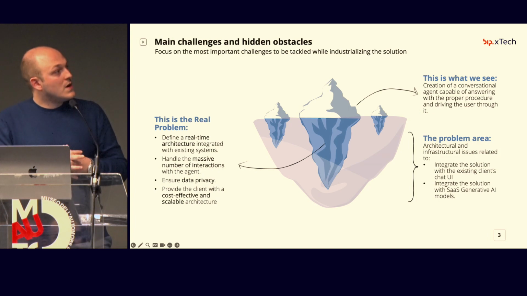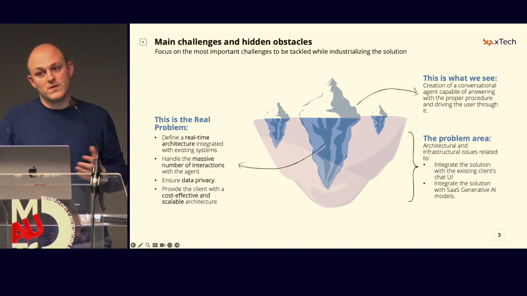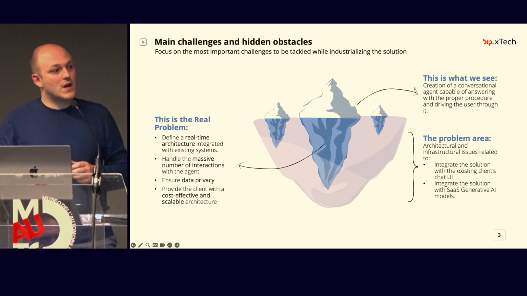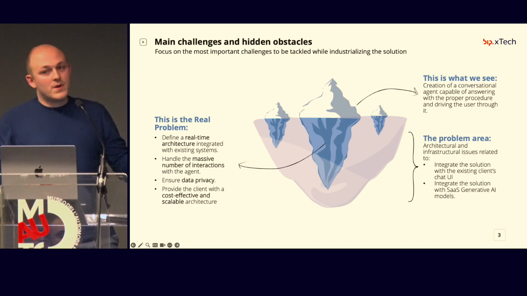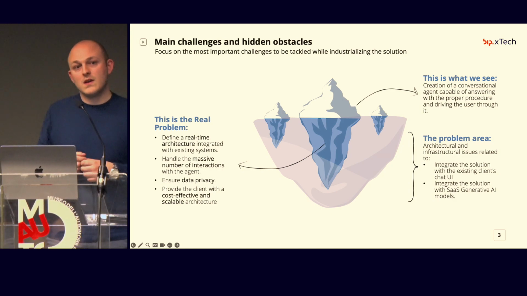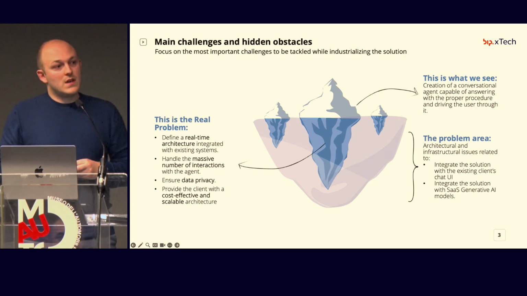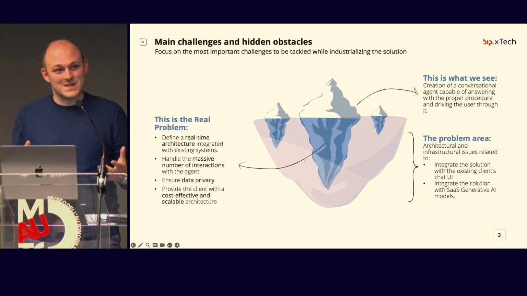You have to handle a massive number of interactions because we have 4K users that can at the same time make the same question or different questions. You have to ensure data privacy. We are talking about a global company. So they manage a lot of important data. Their headquarters is in Switzerland.